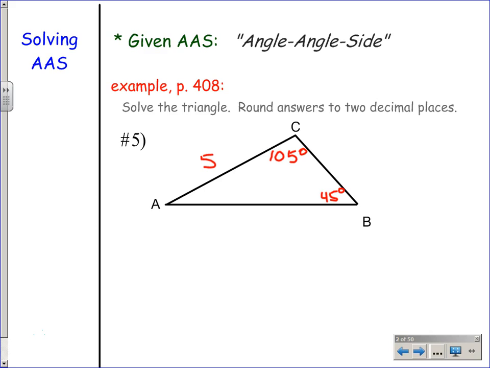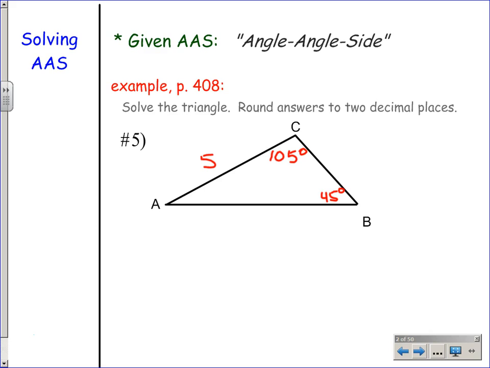Either way, you're given 2 angles and then the following side. And whenever you see these little acronyms, the AAS or the ASA or the SSS or the AAA, it's just us reading around as far as what we've been given. You could be given it in a picture, you could be given it in words. You'll see a little bit of both today.